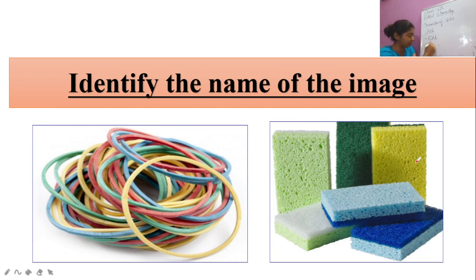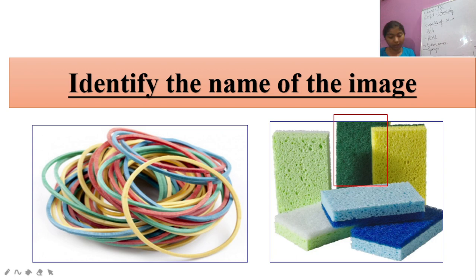Second, we have a sponge, right? Which color is there? Let me circle it, make a triangle for you. This green color I have taken, right? Sponge. So this is a sponge.